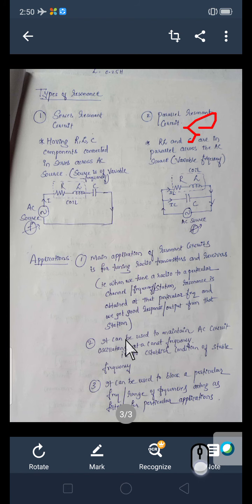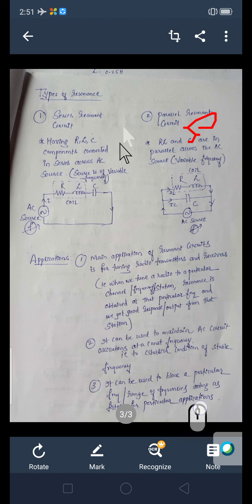Filter means to extract something out of something, that is filtration. Here, to extract a particular frequency or a particular range of frequencies for a particular application, we can use this as a filter in terms of frequency. So these are the three main applications of resonance I have listed here.